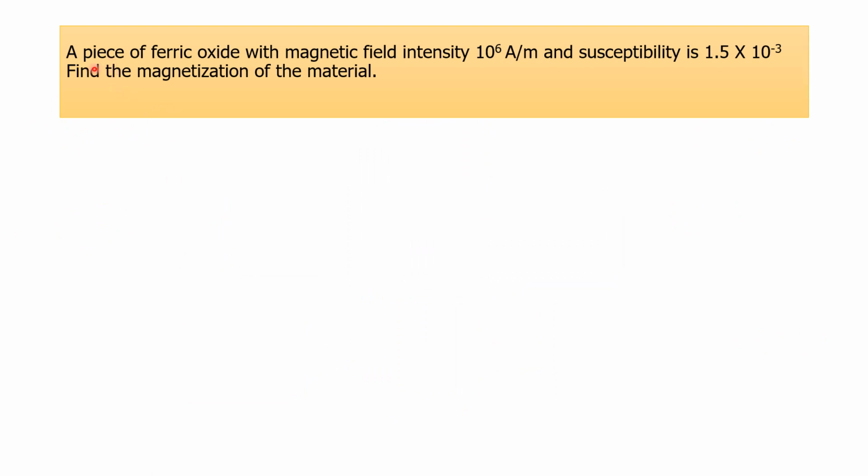So let us read the problem. A piece of ferric oxide with magnetic field intensity 10 power 6 ampere per meter and susceptibility is 1.5 into 10 power minus 3. Find the magnetization of the material. So whenever a problem is given, you have to identify the notations first and then check the unit.